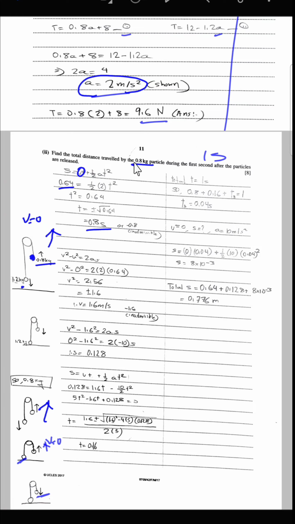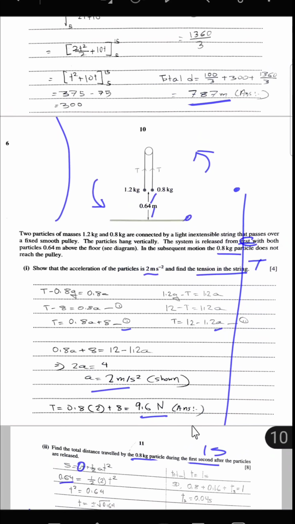Find the total distance traveled by the 0.8 kg particle during the first second after the particles are released. As we can see, after the particles are released, the 1.2 kg particle would move down a distance of 0.64 meter, and the 0.8 kg particle would move up.